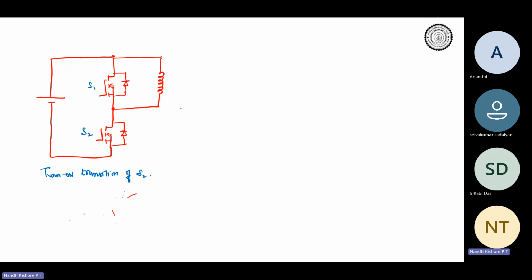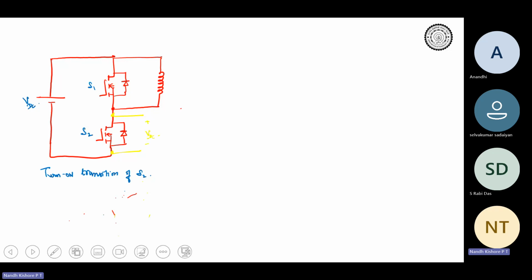Initially the voltage across drain to source is the same as VDC, correct? So this is your VDC. Therefore, initially the voltage across drain to source is nothing but VDC.